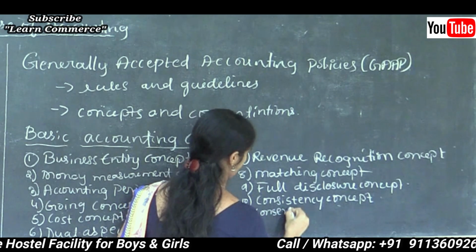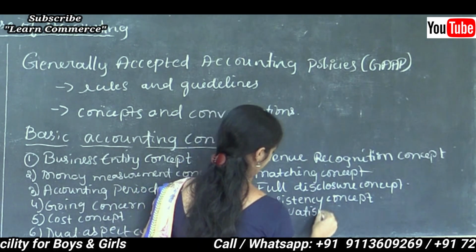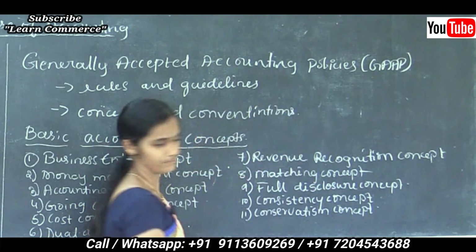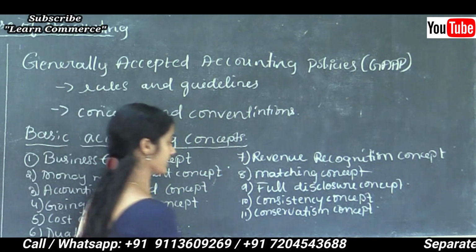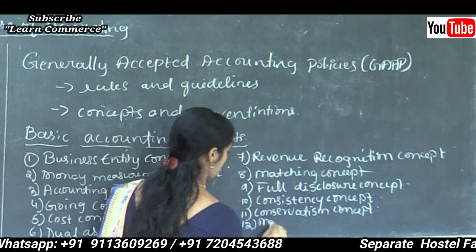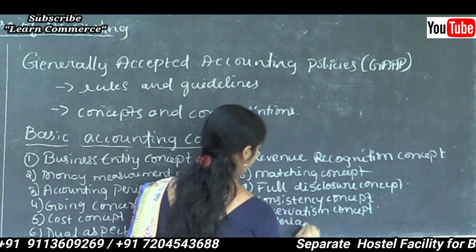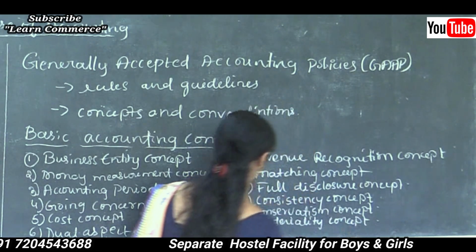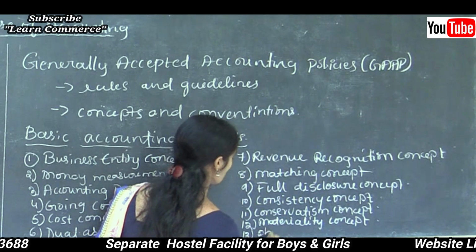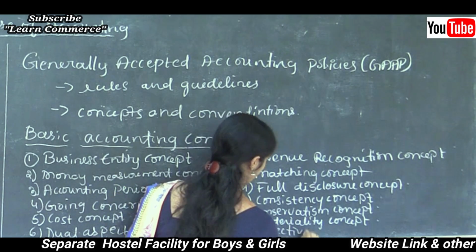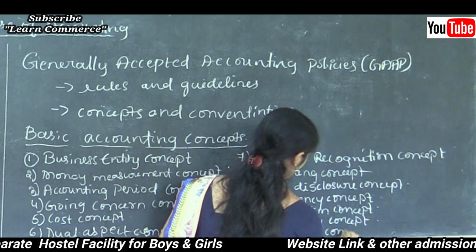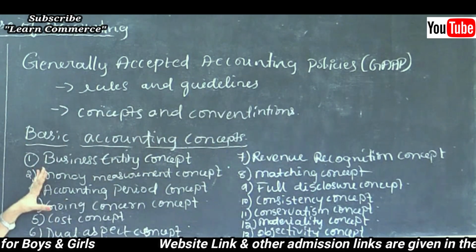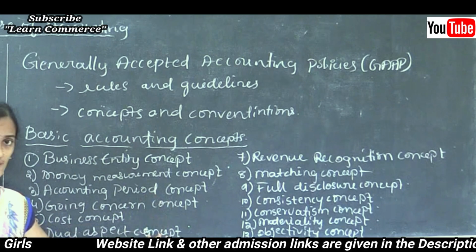Conservatism concept. The next one is materiality concept. And the 13th one is objectivity concept. See, a total of 13 concepts are there.